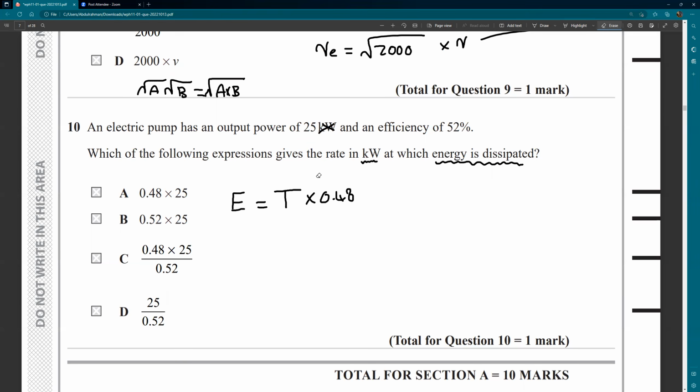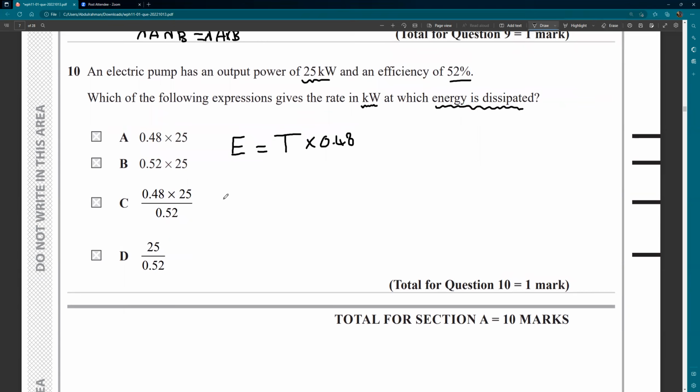Well, to do this, we're going to need the total energy. So how do we work out the total energy? Well, it's given us efficiency and it's given us the output power. In this case, this output power could be considered the useful power, because that's what you're able to get out of your electric pump. So what we could say is useful power over total power is equal to efficiency.